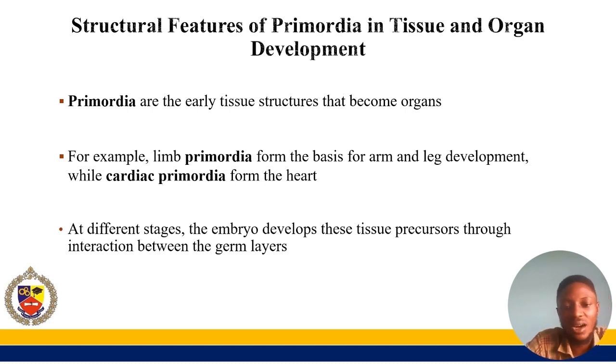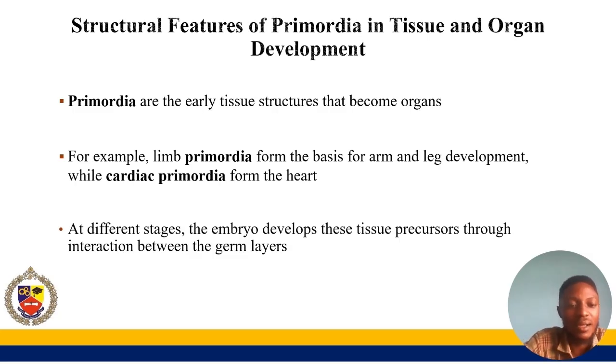These are the humerus, the ulna and the radius, these bones, and the muscles like triceps and biceps. So what serves as the early tissue structure that later becomes those bones, organs and muscles that you are seeing is what we call the limb primordia.